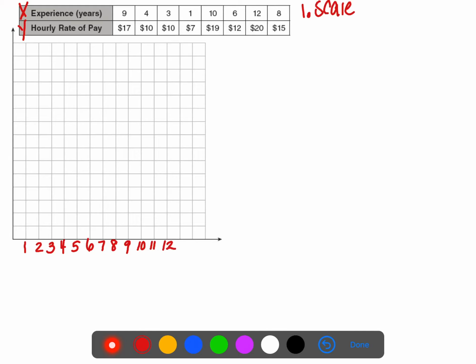Now I'm going to look at my y values. It's starting at 7 and it's going up to 20. If I'm not starting at 0 or 1, I'm going to use a break in my graph, and I'm going to start my graph here at 7. And if I'm going 7 to 20, maybe I want to go by twos.